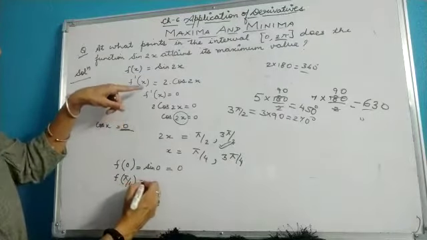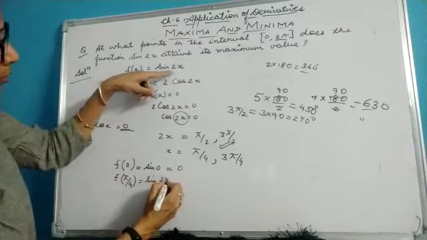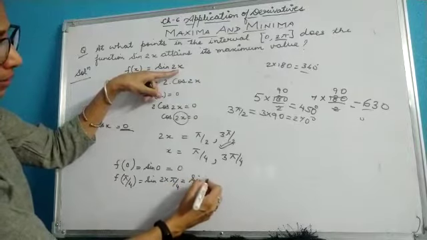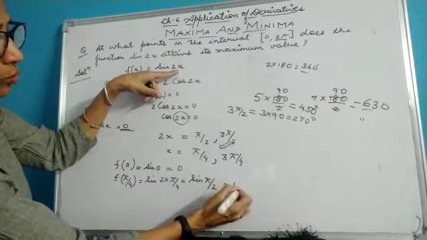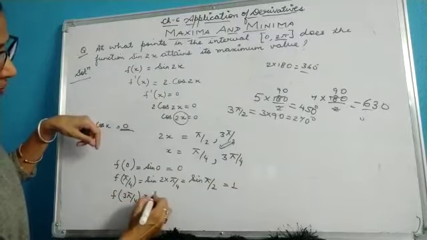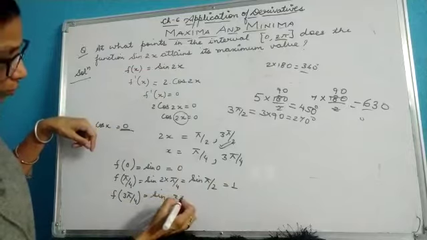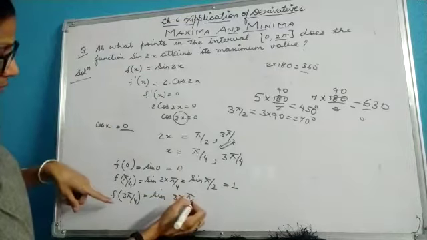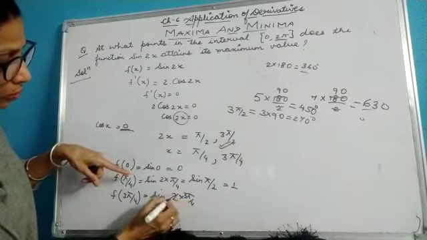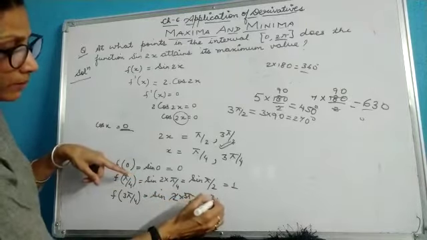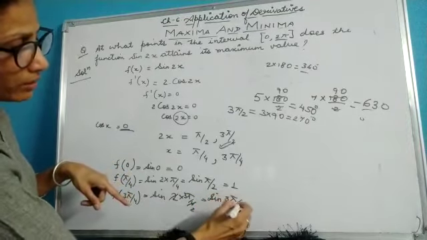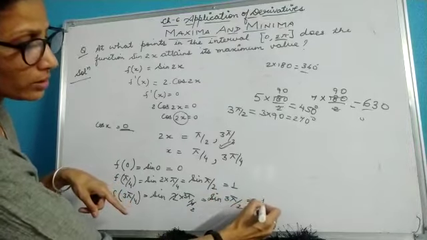Then you will be calculating it at pi by 4. So this will be sine of twice into x, which is pi by 4. This is coming out to be sine pi by 2, which is equal to 1. Then you take it for 3 pi by 4. It is coming out to be sine 3 pi by 2, and the value of sine 3 pi by 2 is minus 1.